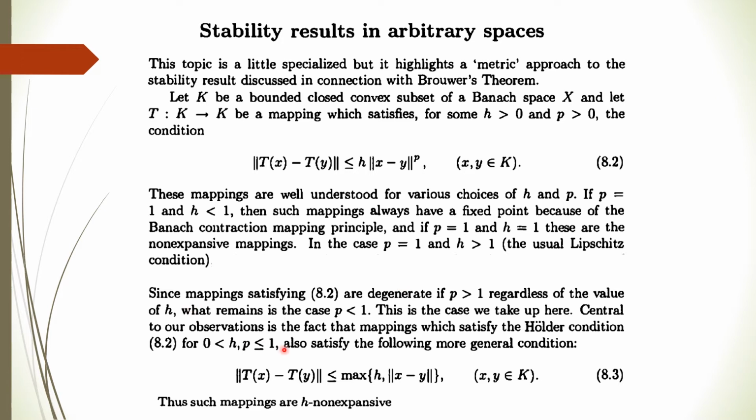But our observation is that whenever h is strictly greater than 0 and p is less than or equal to 1, if this mapping satisfies this more general condition, then this mapping is said to be h non-expansive. So what is this condition? The norm of Tx minus Ty is less than or equal to max of h, comma, norm of x minus y. Then this mapping T is said to be h non-expansive.